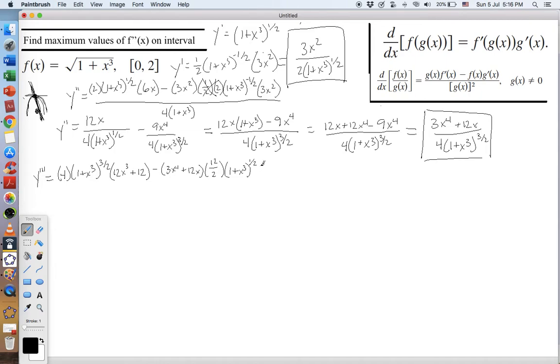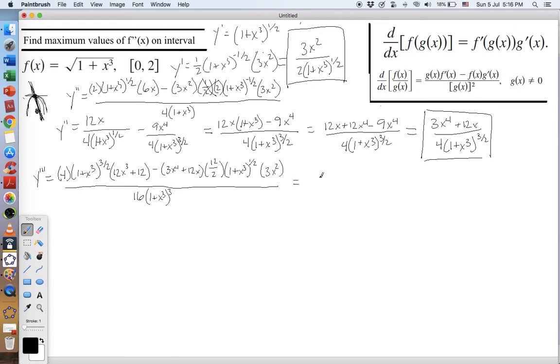And then we're going to multiply all of that times the derivative of the inside of this function, which is still 3x squared. And then we have a denominator of 4 squared, which is 16, times 1 plus x cubed. We had it raised to the power of 3 halves. 3 halves squared is just 3.